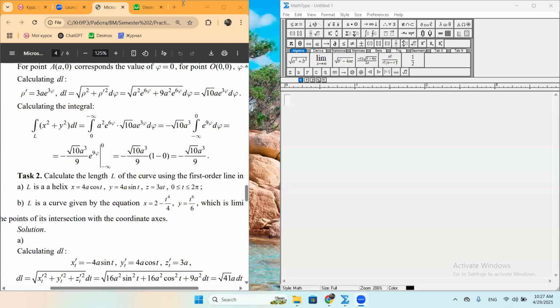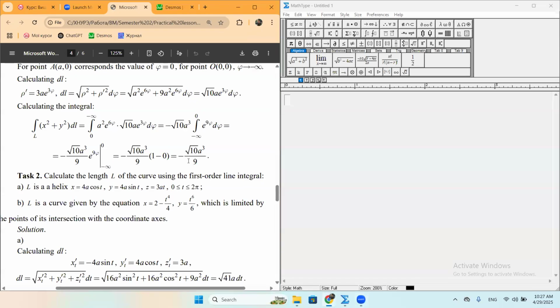Okay, let's continue. So now we will solve tasks related to the application of the line integral of the first kind. The first logical task on application of the line integral is to calculate the length of the curve.